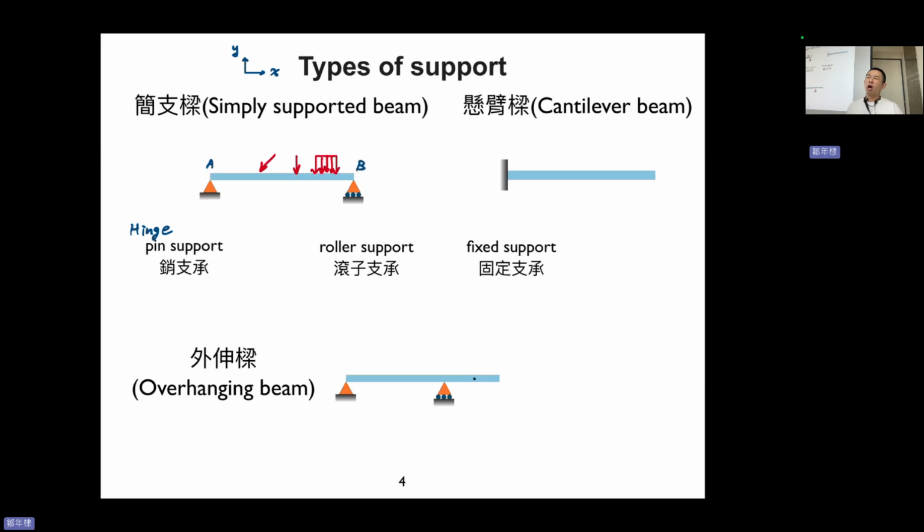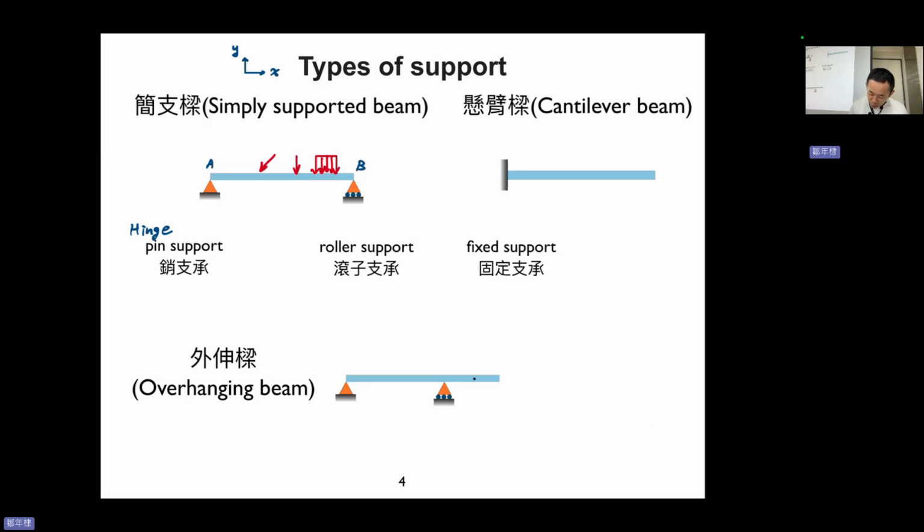In Chinese, 销支承. You can imagine that at point A with the pin support, we have a pin on the wall, just like your two fingers fixing a bar, fixing a beam, and you cannot move it left and right, cannot move it up and down. So X and Y are constrained.